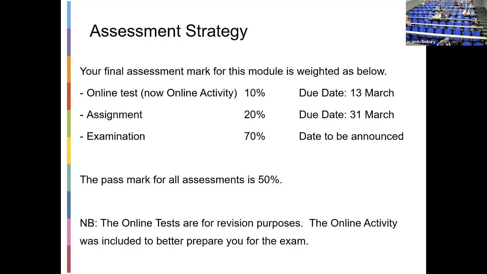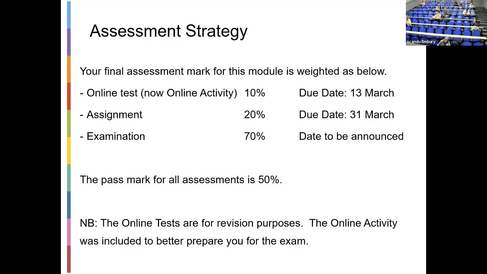Your examination will count 70% of your year mark, and the date of that will be communicated to you on ECI closer to the time, as well as the guidelines for what to study for the exam. You'll also find examples of past papers closer to the time posted under the examination section.